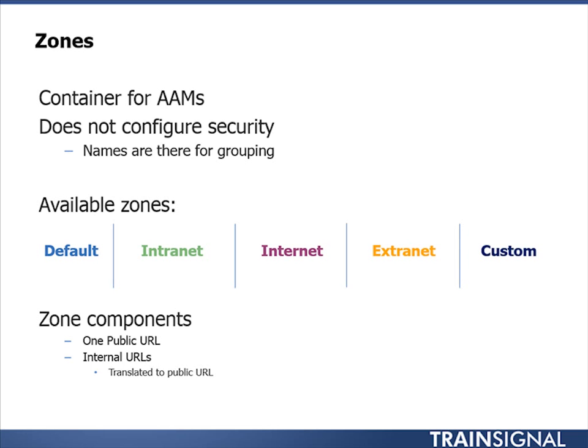Now, with the internal URLs, SharePoint will still respond on them, but you'll notice in the address bar that your URL will be rewritten to the public URL. So each zone has one public, that's the one that I want people to use, and can have multiple internal. SharePoint will respond to them, but it will automatically rewrite them to that one public URL that I set up.